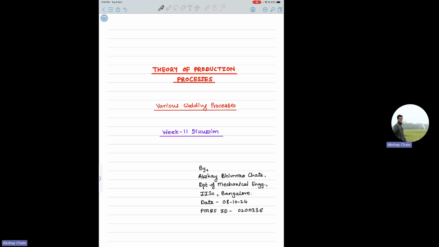One of the important things is corrosion, grain boundary corrosion or something like that it is called. You can revise in your class notes.